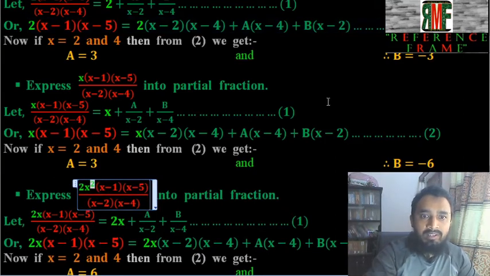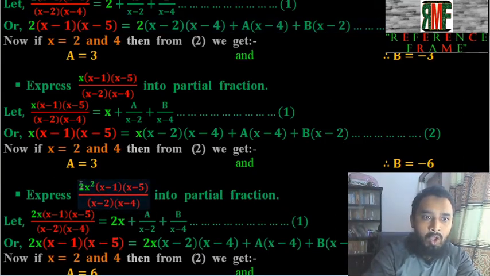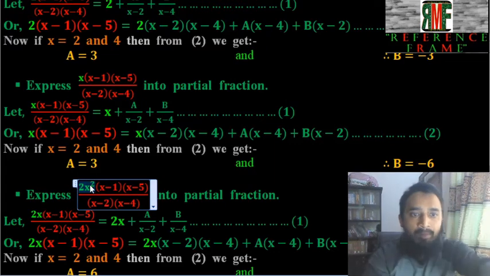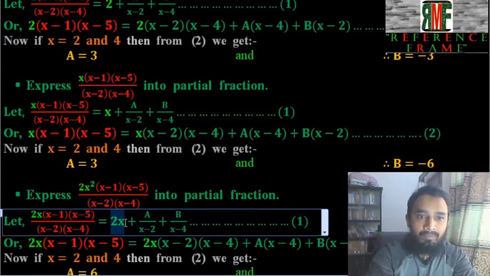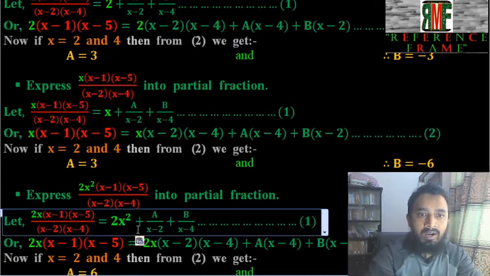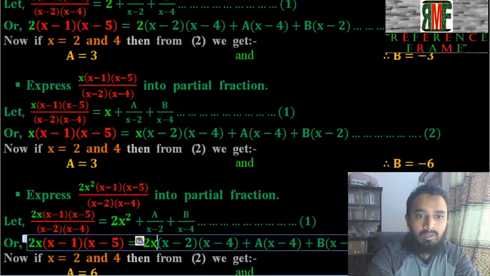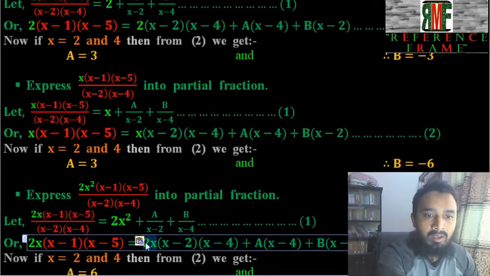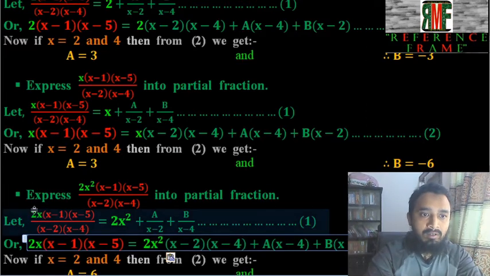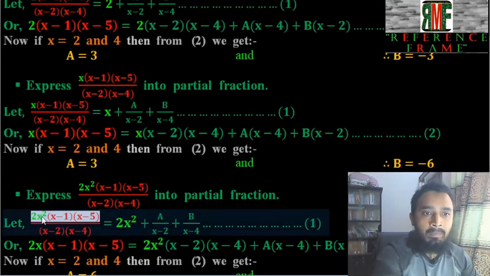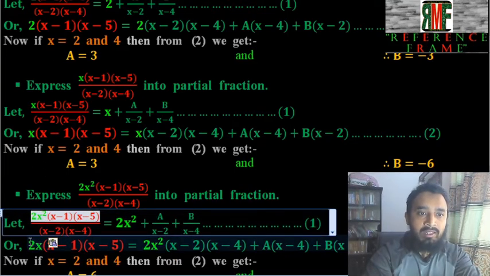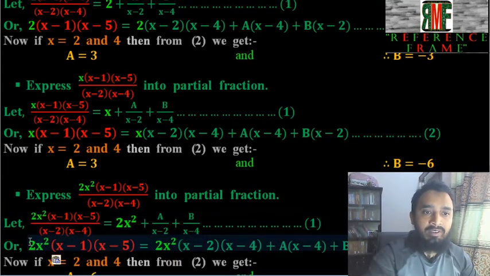If this is twice x squared, then the whole quotient part is going to be twice x squared. That means all the twice x is going to be twice x squared.